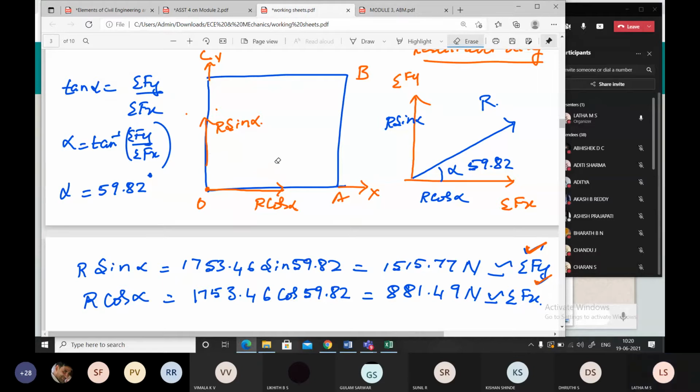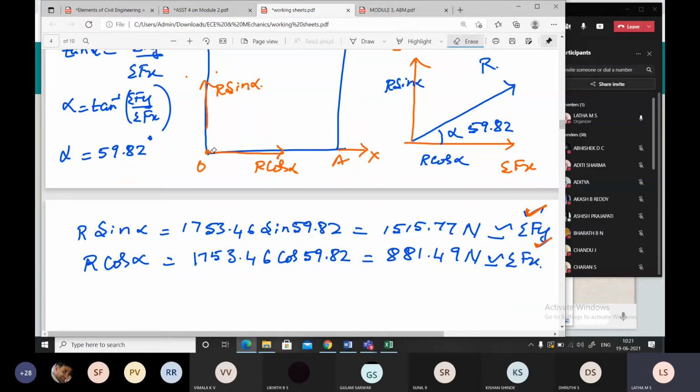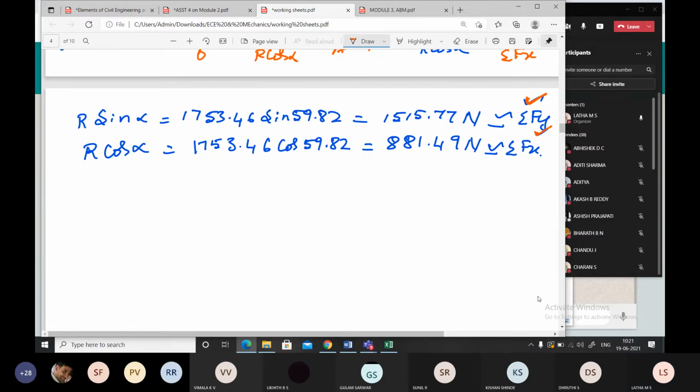Yes, but students, I don't know at what distance from point O this resultant is. Now I'm telling that with reference to point O, we have to calculate the distance. So how to proceed to calculate the distance? Remember Varignon's theorem?